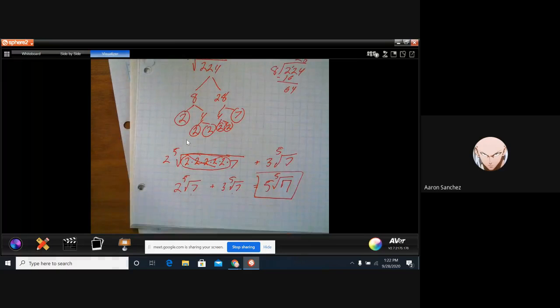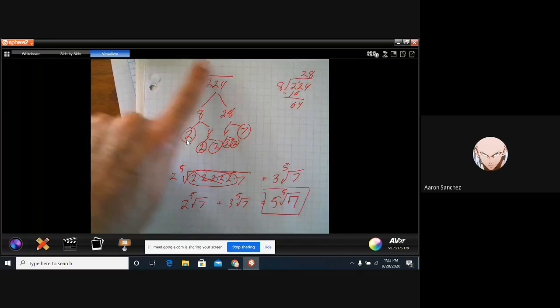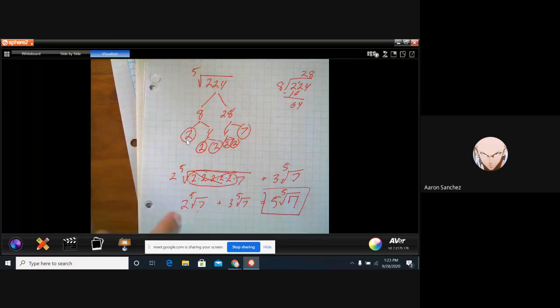Basically, if the radical is the same, you can go ahead and add them up. This wasn't the same at first, but I figured you could break it down and make it the 5th root of 7, and I have 2 of them. That's 43.